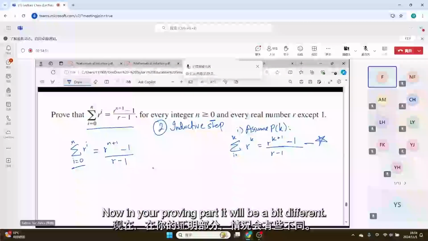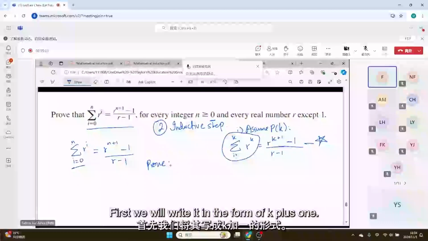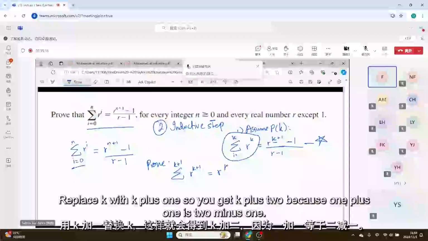Now in your proving part, it will be a bit different. What we will do is take the left hand side. First we will write it in the form of k plus 1, and then on the right, replace k with k plus 1, so you get k plus 2, because 1 plus 1 is 2, minus 1.